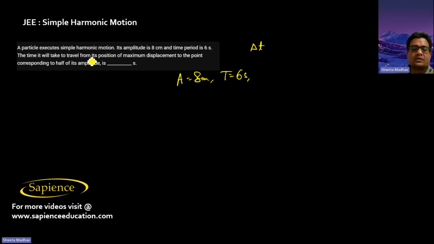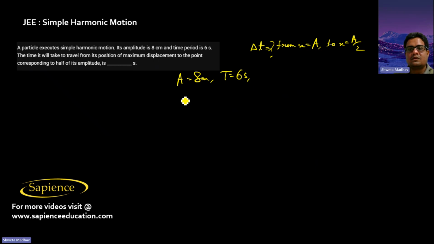The time it will take to travel from its position of maximum displacement, means from x equal to a to the point corresponding to half its amplitude. So till x equal to a by 2, how much time it will take, that we have to find out.